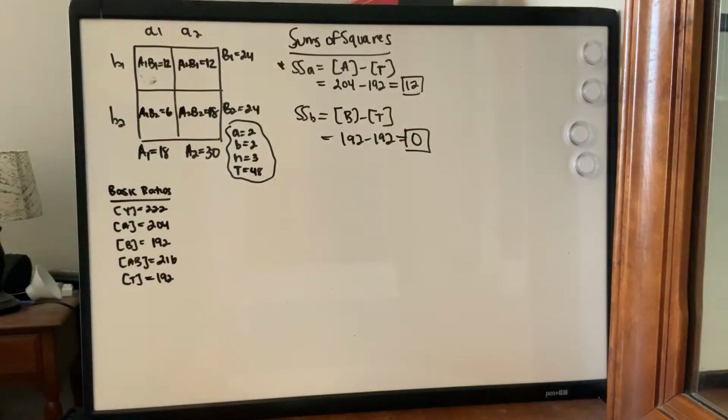So we've got 192 minus 192, which is a 0. All right, so that's a little unusual. We haven't had a sum of squares work out to be a 0 yet. There is a reason for it, and you'll see why that sum of squares is 0 as we move a little deeper into the problem.